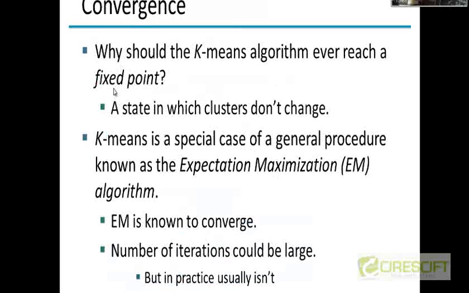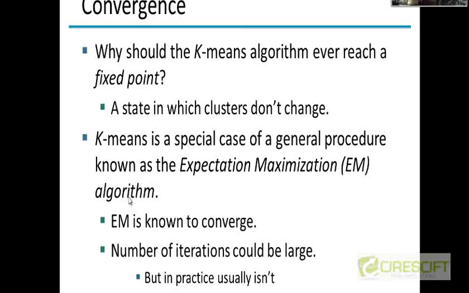So coming to that question, why should the K-means algorithm ever converge? That is, why would we arrive at a set of clusters which won't change beyond that point? Now, K-means algorithm is a special case of a more general algorithm called an expectation maximization algorithm, often abbreviated as an EM algorithm.